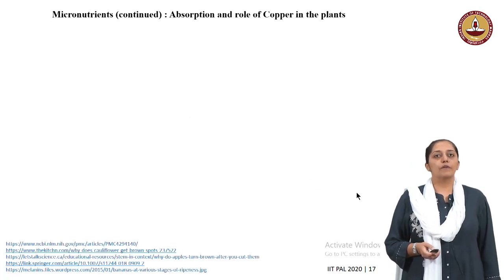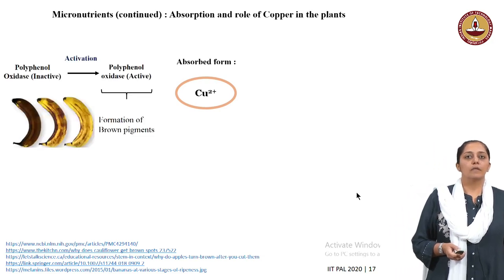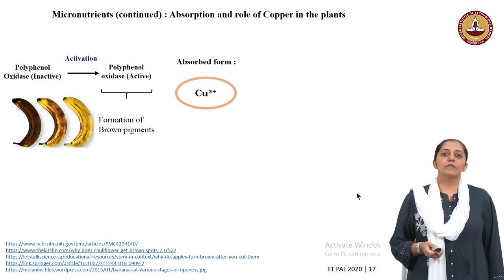How is copper useful for the plant? It is absorbed in its ionic form, cuprous ions. You must have observed brown pigmentation in ripe bananas.